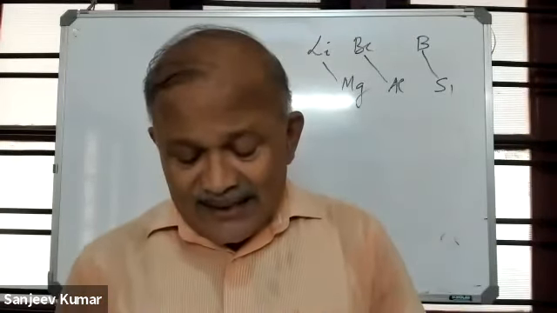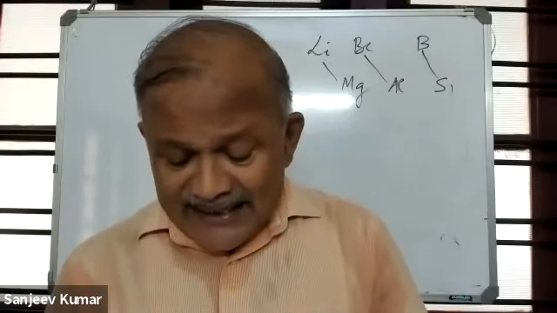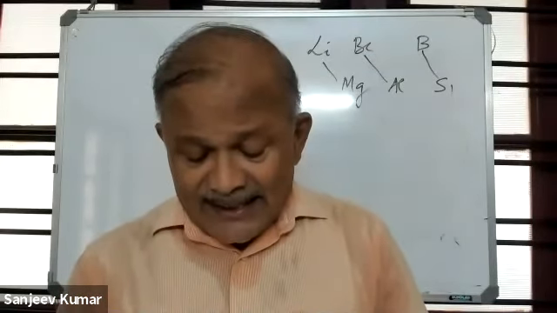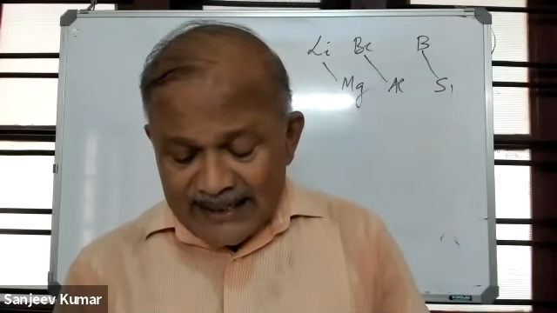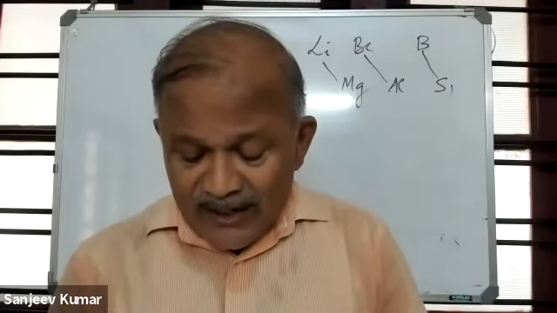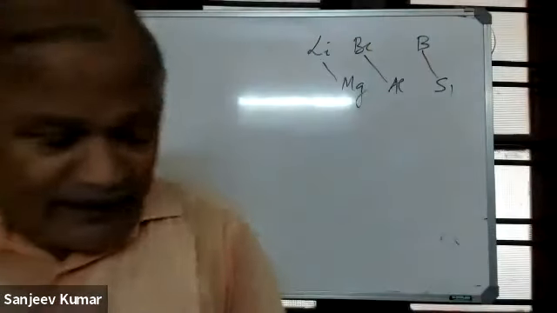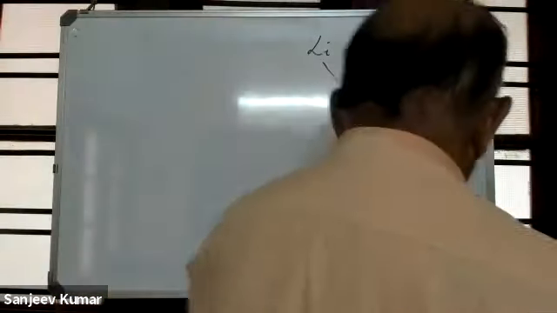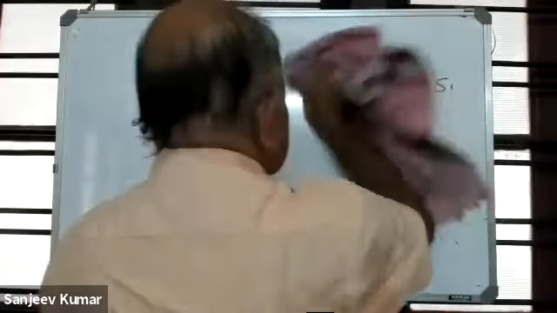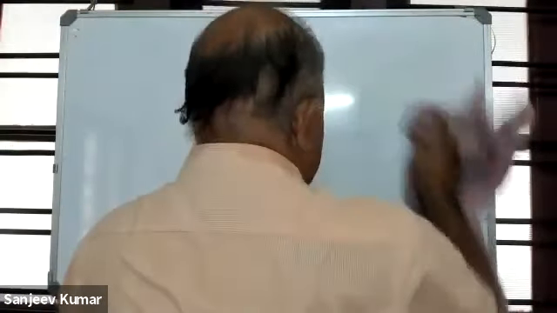23rd question. Generally, the first ionization energy increases along a period, but there are some exceptions. One which is not an exception is... നേരത്തെ തന്നെ നമ്മൾ പറഞ്ഞു across the period from left to right, ionization enthalpy increases.